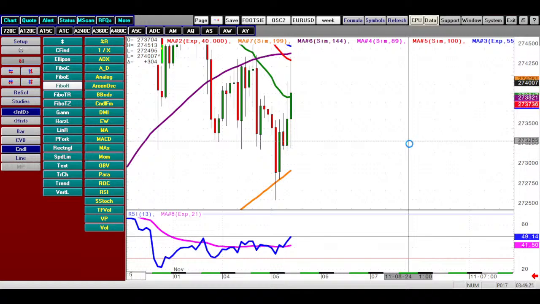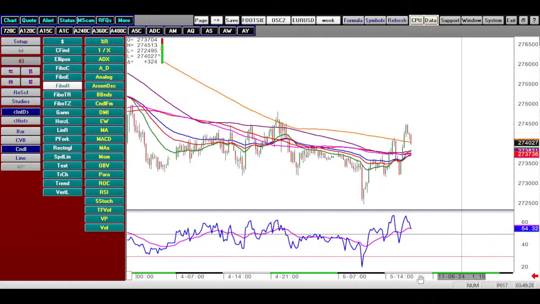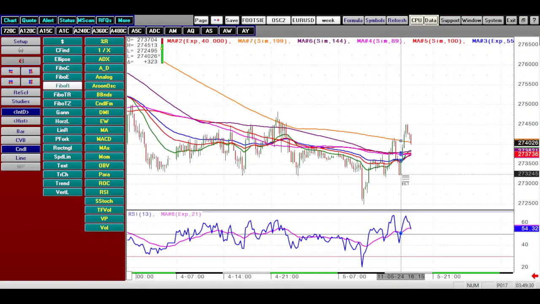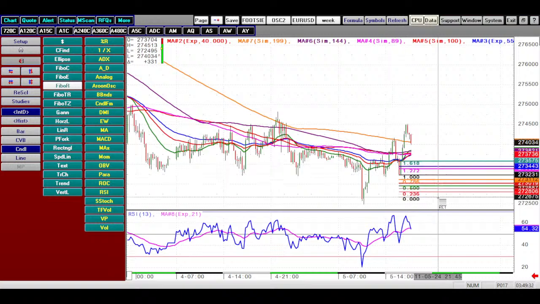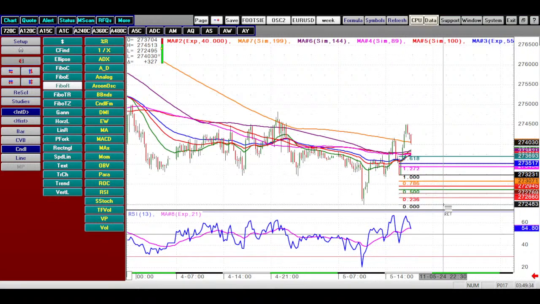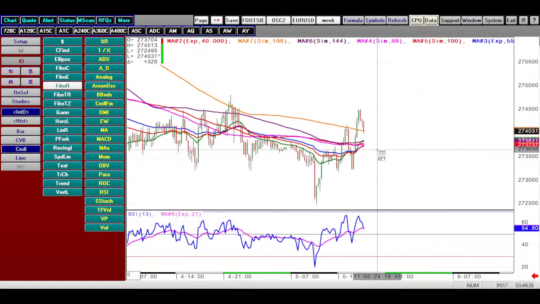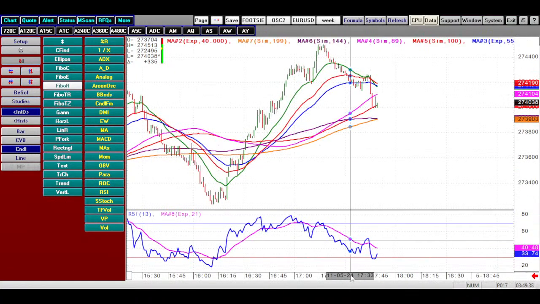So this would be your next re-entry. So 2732 is a support. So we should be looking to buy somewhere around 2735.